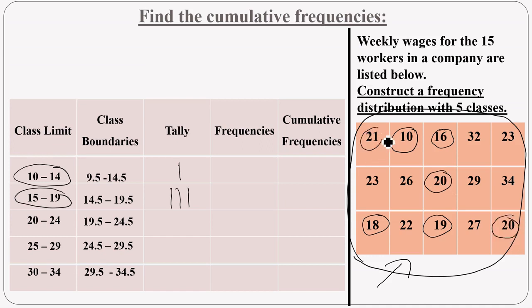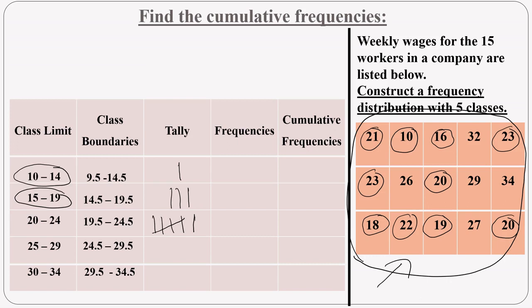Then we have 21. Then we have 22. See, 22. Right? Then we have 23 two times appearing. So totally if you count, this is 6. So you need to write like this and you need to cross, this is 5 and this is 6.